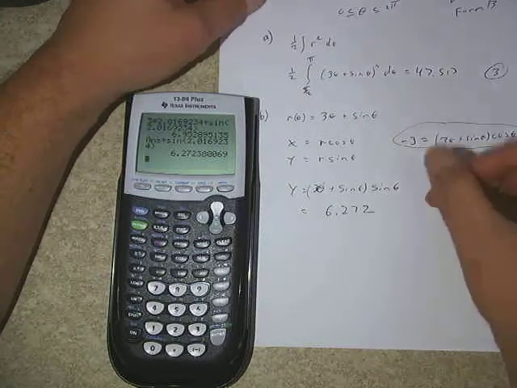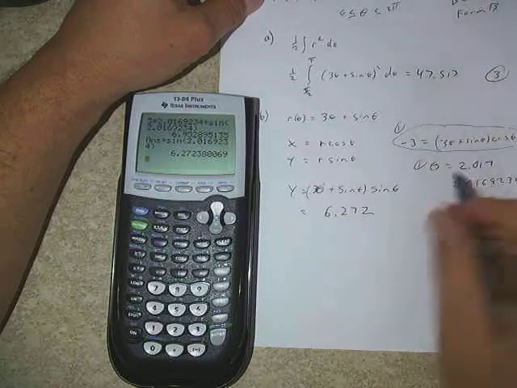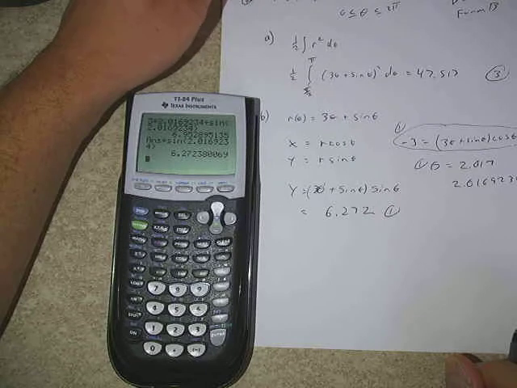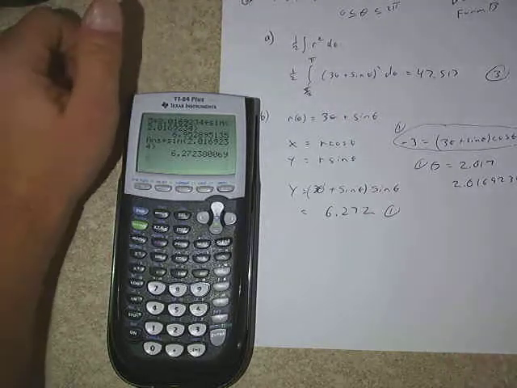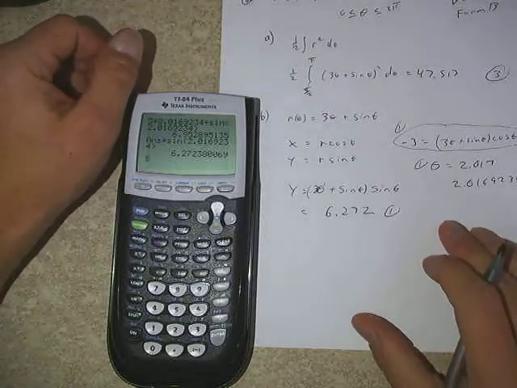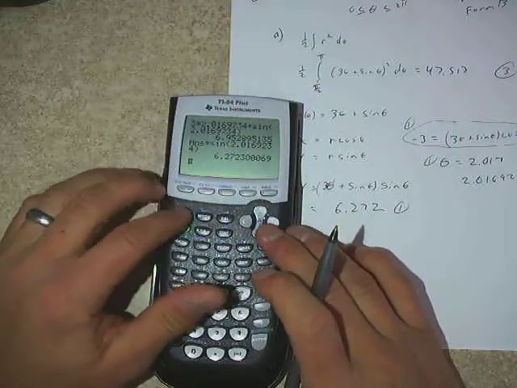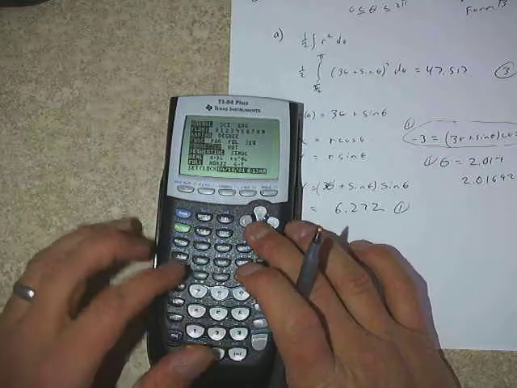An answer for that. We'll multiply that by sine of 2.0169234. 6.272 is the final answer. So that would be the y coordinate of that point.